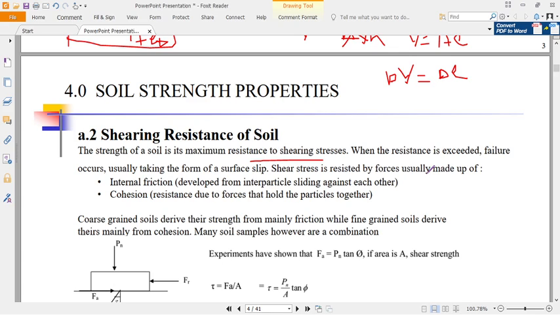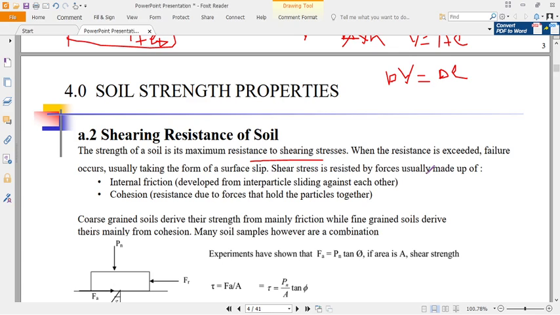Okay, let us take this example where you are applying a shearing force in a direction. If this is a particle and this is between two particles, the soil is shearing at a defined point.